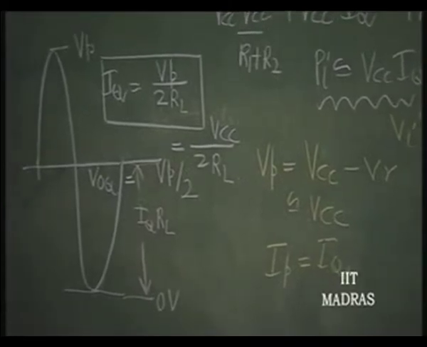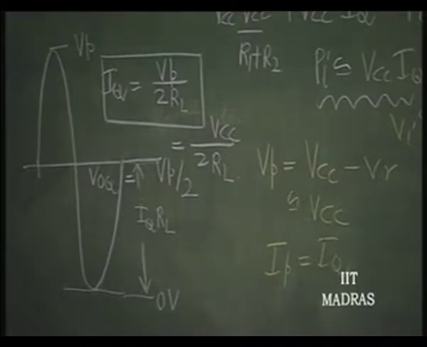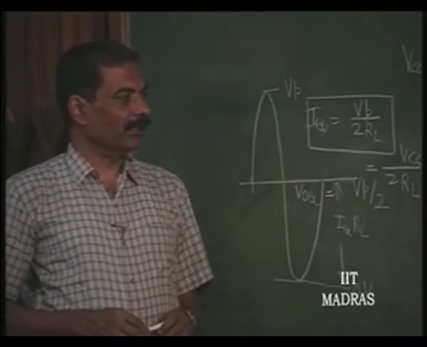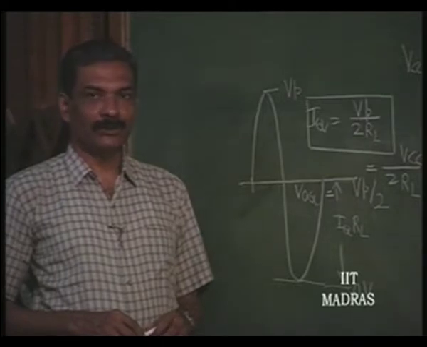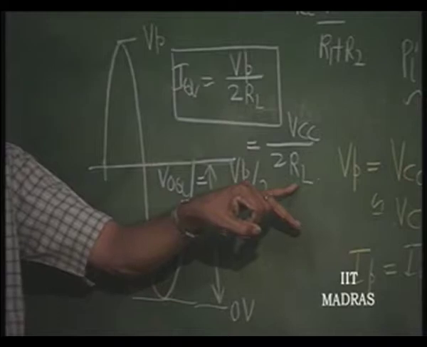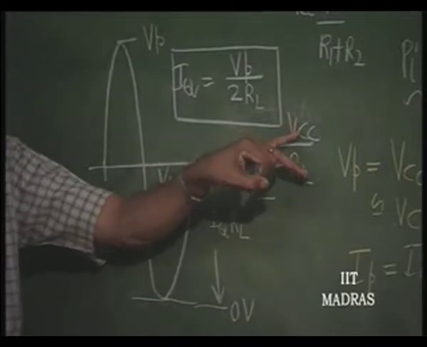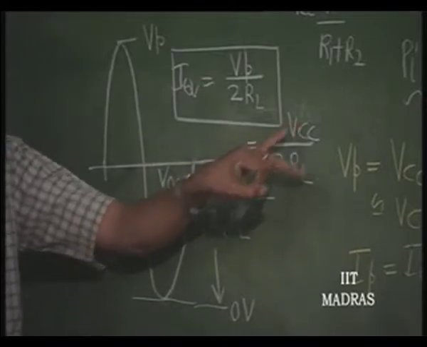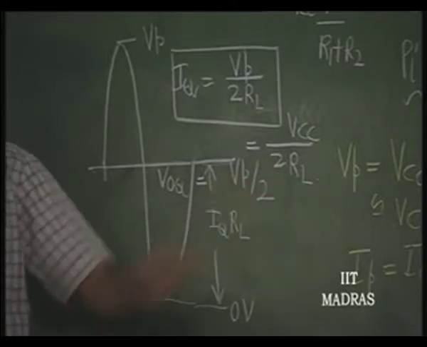So, let us say supply voltage is 10 volts and RL is let us say 100 ohms. Then this current will be 10 volts divided by 200 ohms.